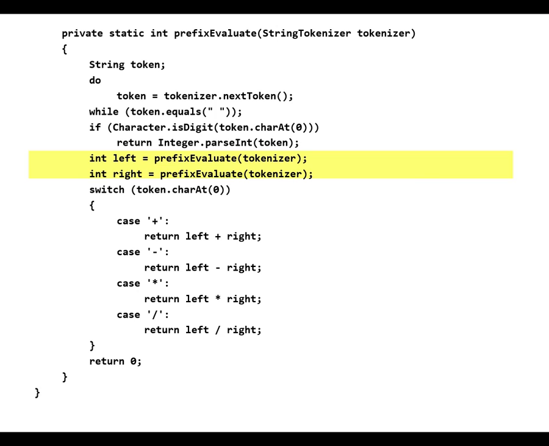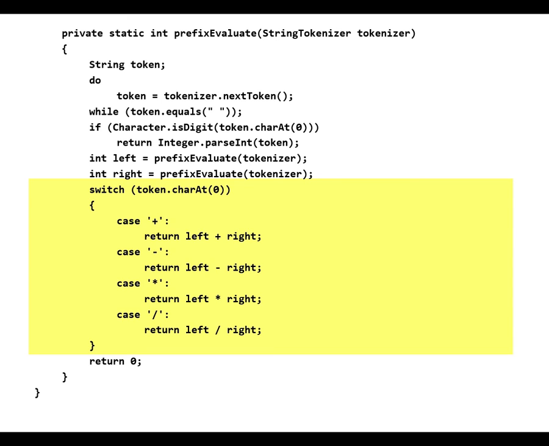Next are 2 recursive calls to this method. What is returned by the first is saved in left, and what is returned by the second is saved in right. These 2 calls initiate the evaluation in the left and right subtrees of the arithmetic expression tree that we illustrated earlier. The final step is to perform the operation.